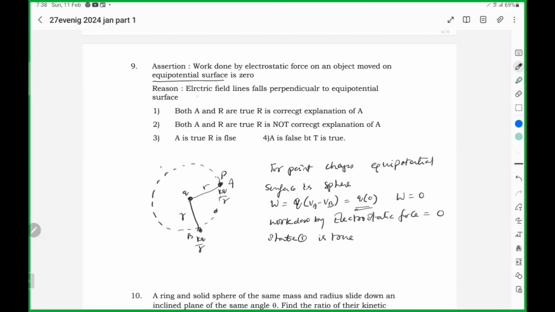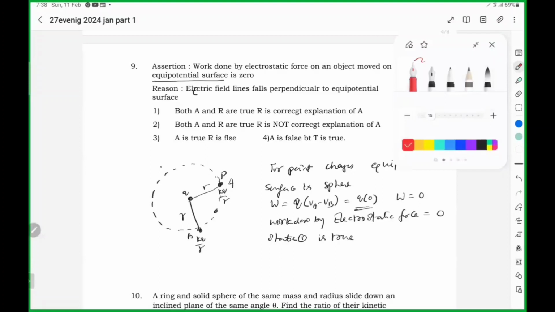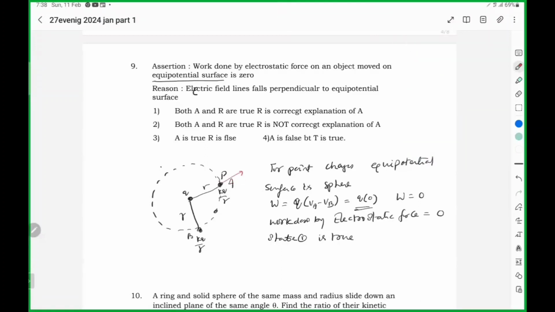Now, electric field lines fall perpendicular to the surface. That is also here. Electric field direction is this, and here displacement will be in this direction.